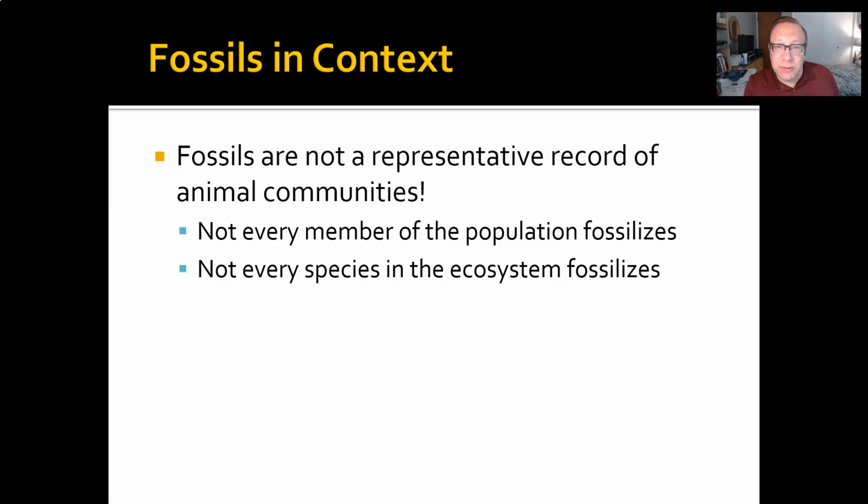Some places are more likely to provide the conditions for fossilization than others are. So it's not a complete random sampling, and we shouldn't base our estimates of ancient life solely on the presence of fossils. We have to be a little more thoughtful about the way we go about that.